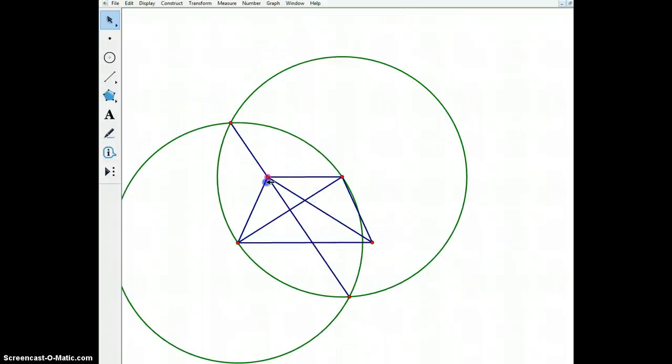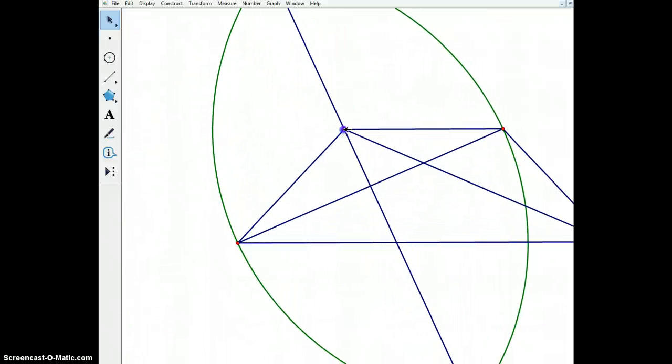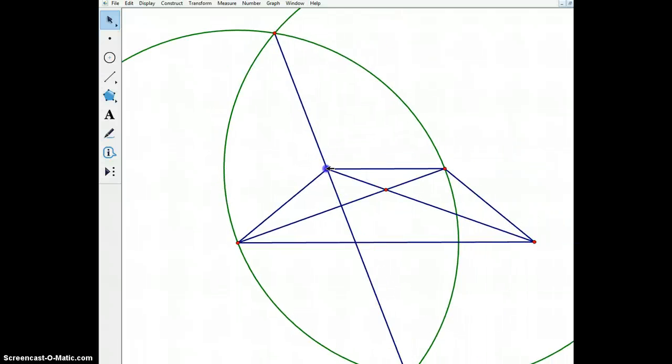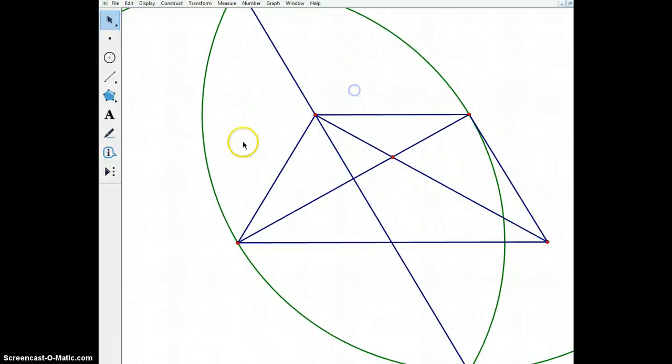In fact, it looks almost like this is in between. So these two are equal. Let's see. We can use the same strategy. We'll make a point along these two lines, and we'll see as it adjusts, it kind of doesn't move.